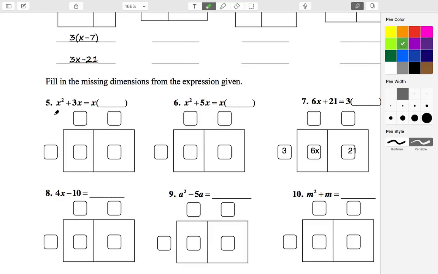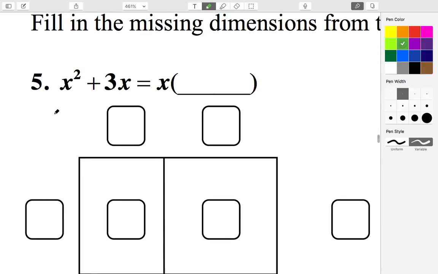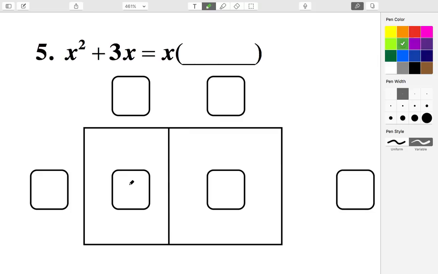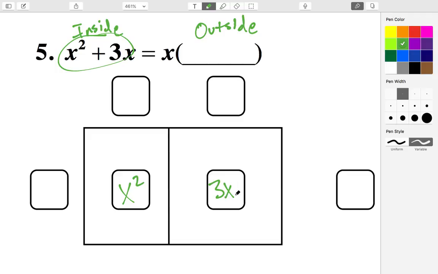Number 5, you still put the x squared plus 3x. That is the inside. Here is the outside. So you have your GCF here. That's your x right here. X times what gives you x squared?